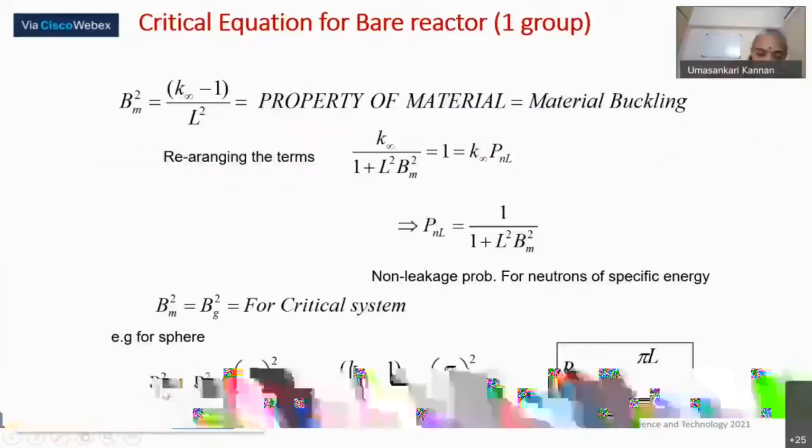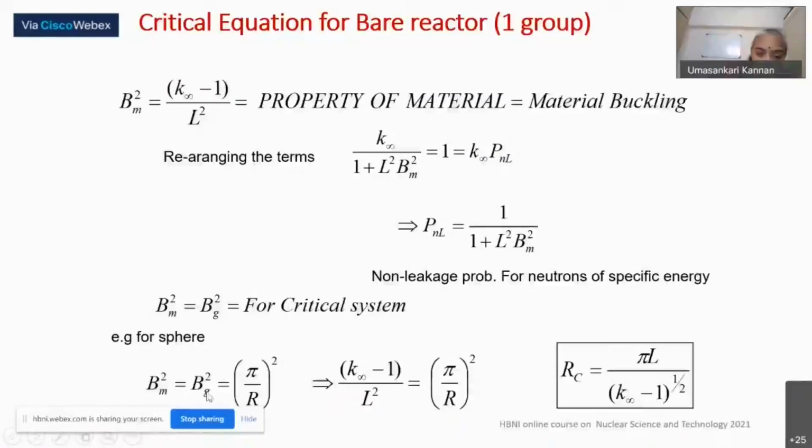So your material property Bm square should be equal to Bg square. Now we can calculate the critical radius required in terms of the material properties. In simplistic terms, you can do this exercise for some typical numbers, and then you will see the typical critical radius of a sphere.